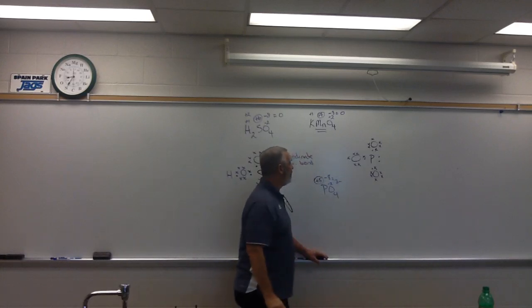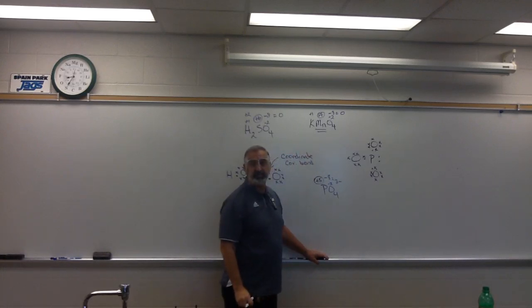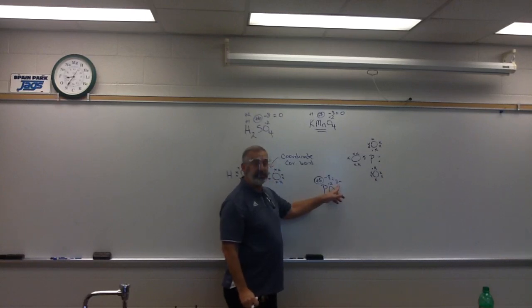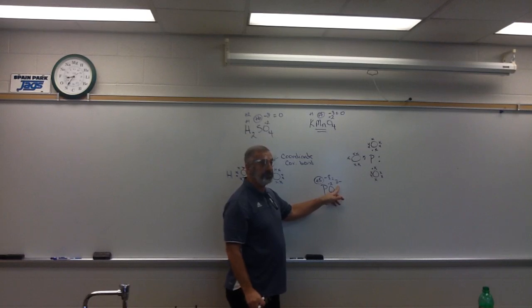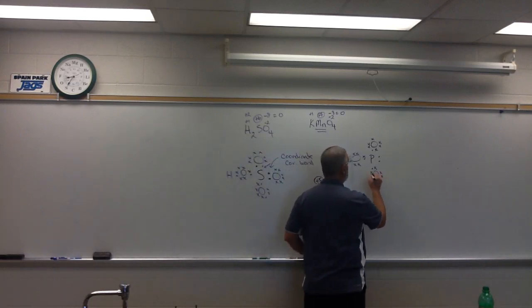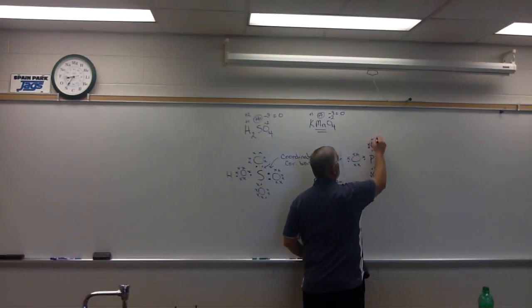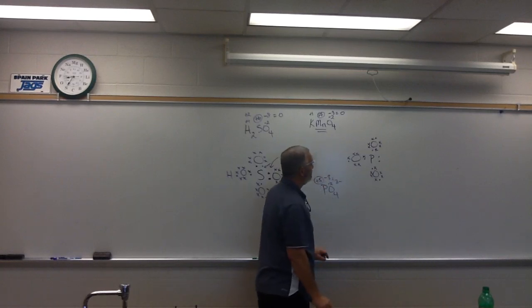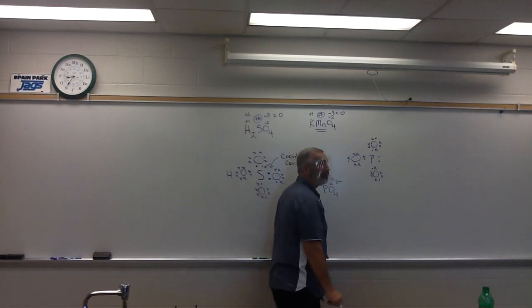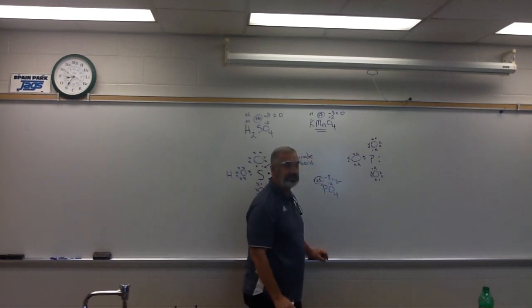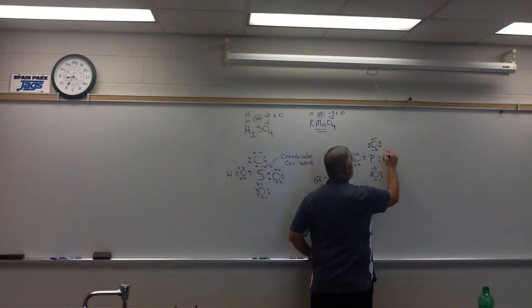Okay? So how do I fill that 1 electron on each one? What does this tell me? I get 3 extra electrons, right? So I can put my 1, 2, 3 extra electrons there. Okay? And then where's my fourth oxygen go? With a coordinate covalent bond over here.